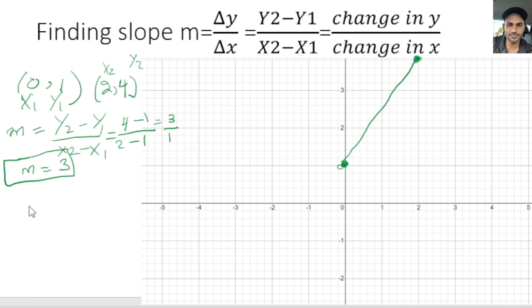Let's do another example. Our slope so far is positive, so we're also going to look at a segment that has a negative slope. In this one, we're just looking at the positive slope.